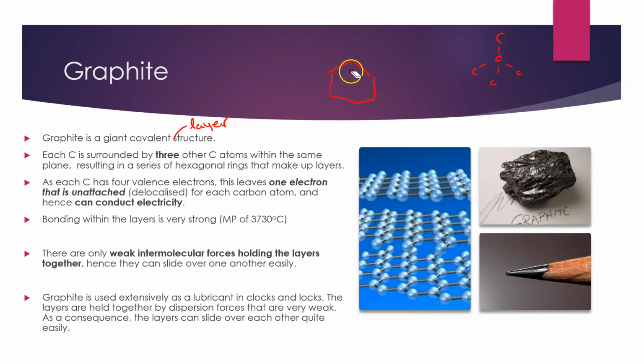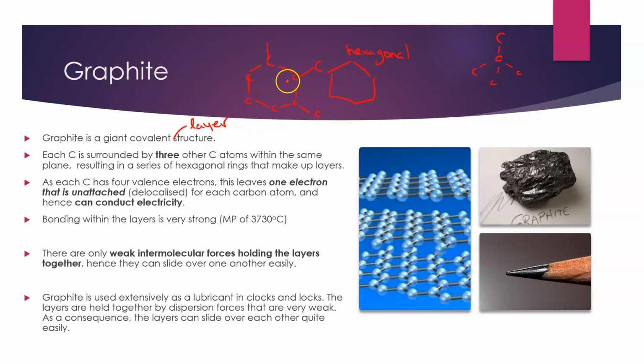In graphite, they form a hexagonal arrangement. So every carbon is going to be bonded to 3 other carbons, forming a flat hexagonal arrangement. Because they're only bonded to 3 other carbons, we'll get a honeycomb structure.